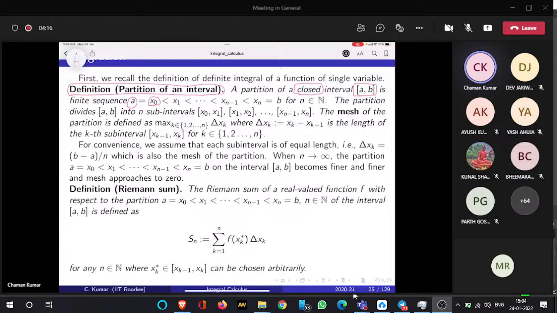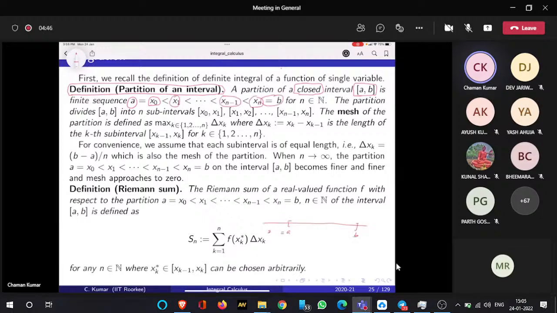So that means if you have this interval A to B, you say that A is my x naught, and then you choose x1, x2, and so on to xn minus 1, and B is xn. Okay, so that we can do. This is known as partition of the interval.